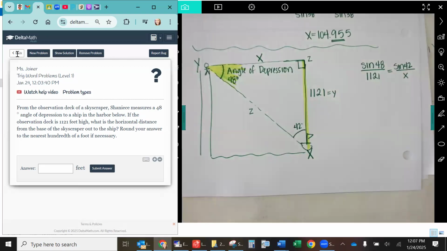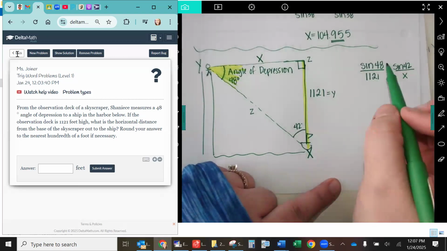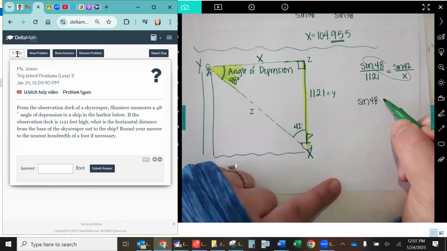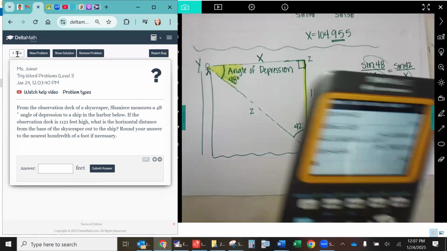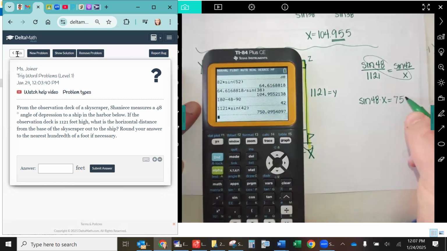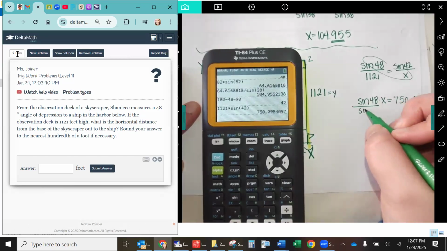Okay. And then from there, you're just cross multiplying just like we did last time. So sine 48 times X is sine 48X. 1,121 times sine 42 gives me 750.095. And then divide your sine 48 across.